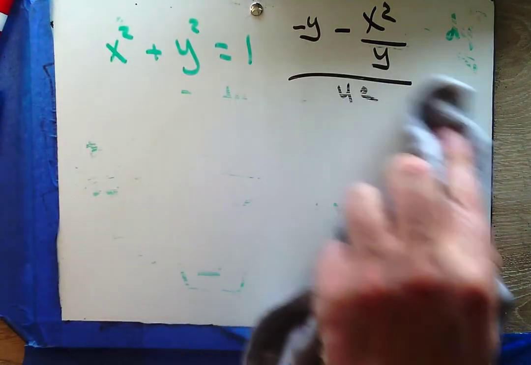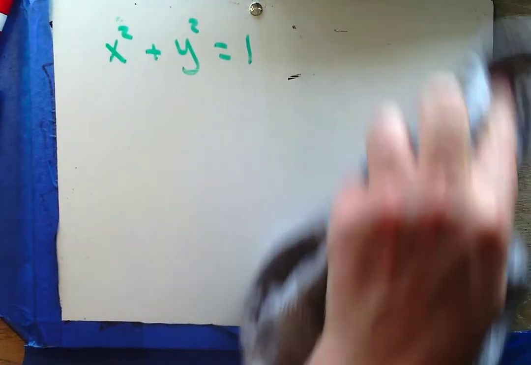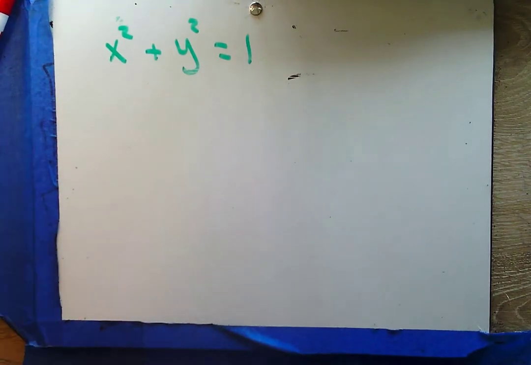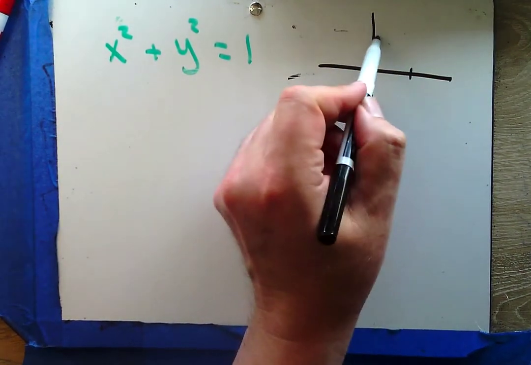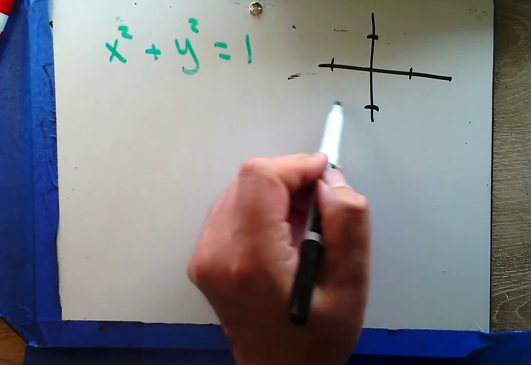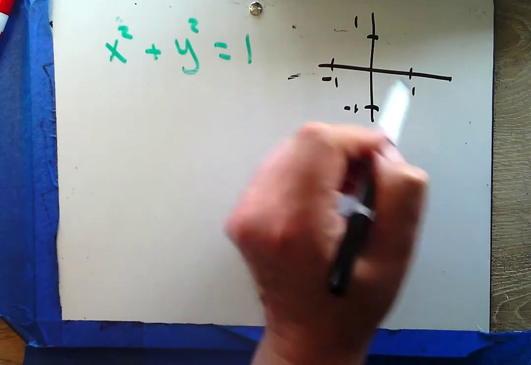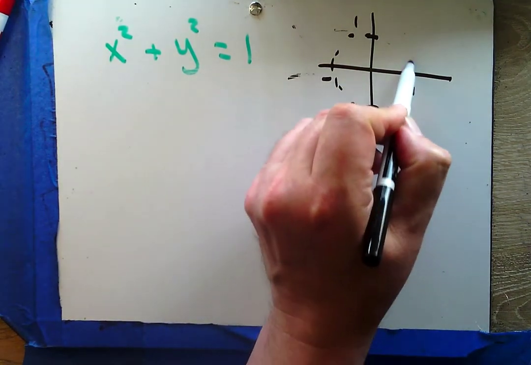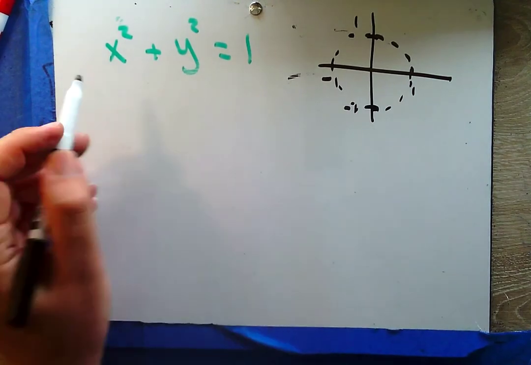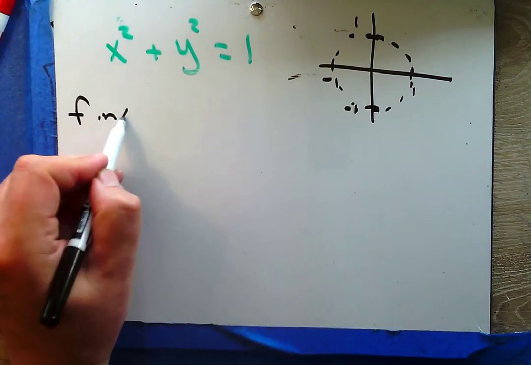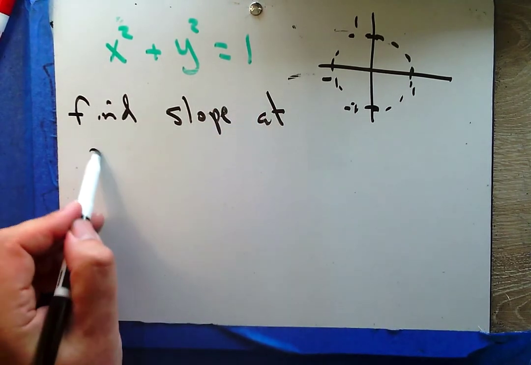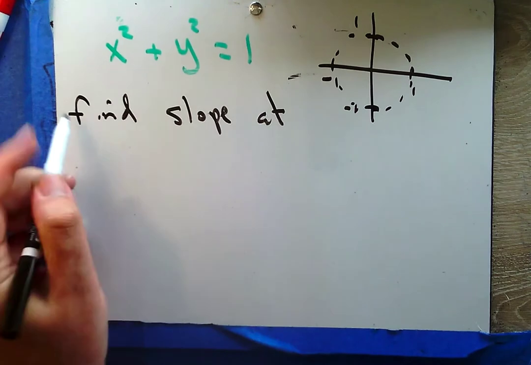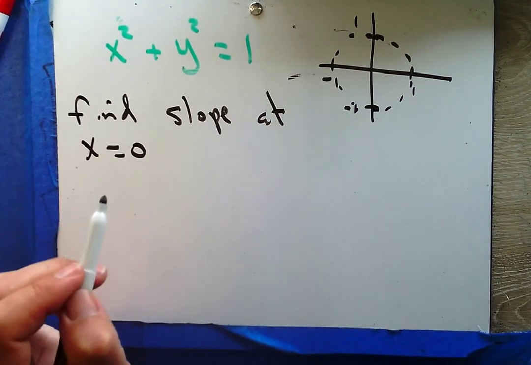Hey, you know, we've been doing this implicitly, but we haven't really talked about using the implicit derivative. So remember how I said that this was going to be the graph of a circle centered at the origin with a radius of 1? Well, I'd like to find the slope at x equals 0.